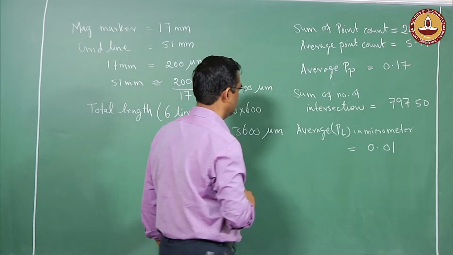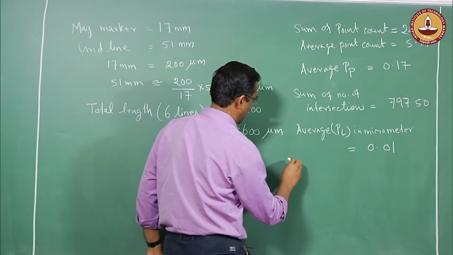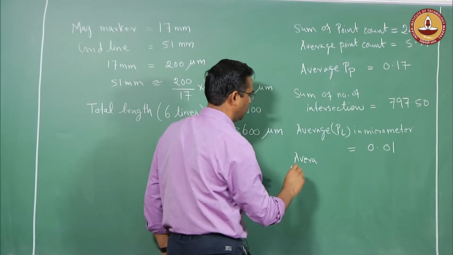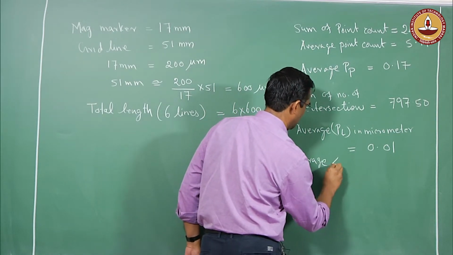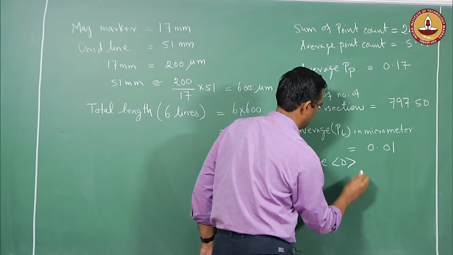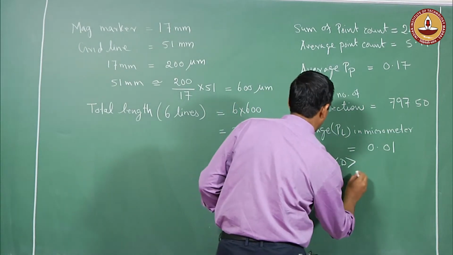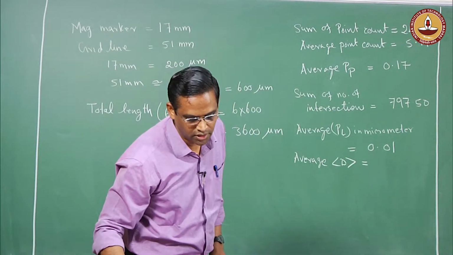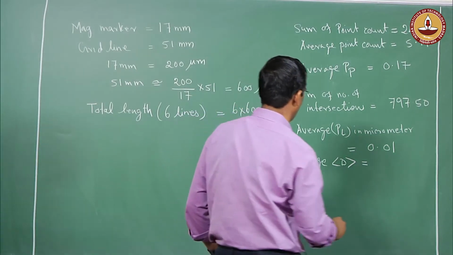And then if you want to calculate the average diameter, like what we have shown in yesterday's lecture with the formula, that also we have done using this, which is about 79.67.